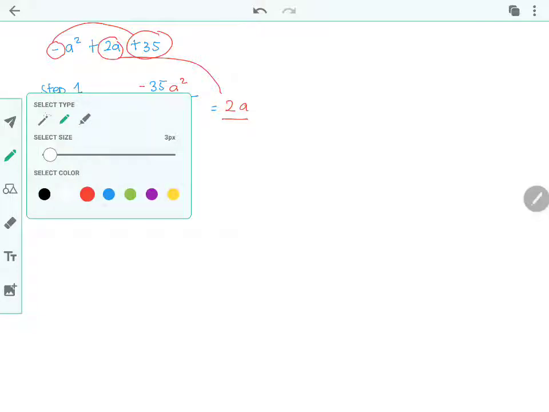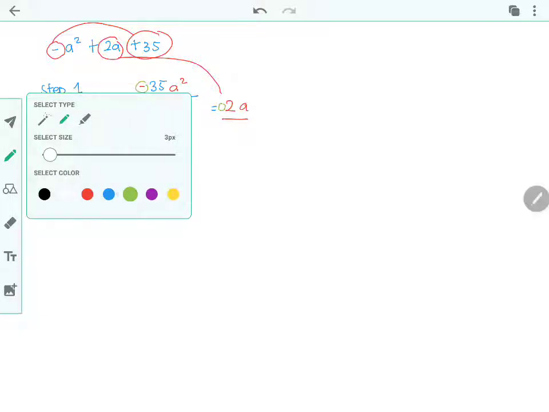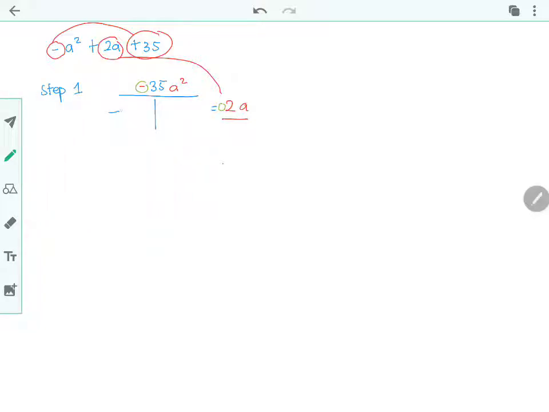Now look at this carefully. This one is a negative number, but this one is a positive number. It means one of them must be a negative number, while the other one must be a positive number.